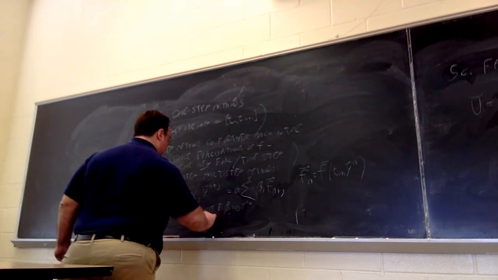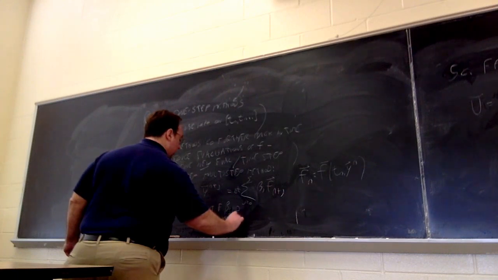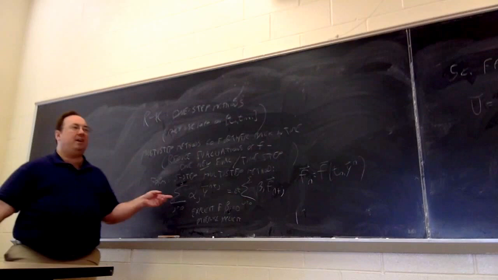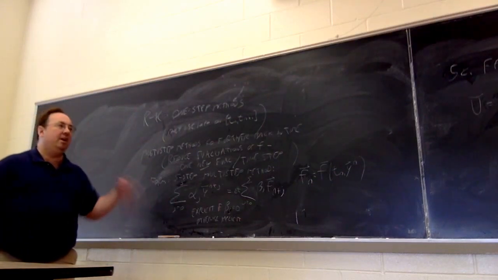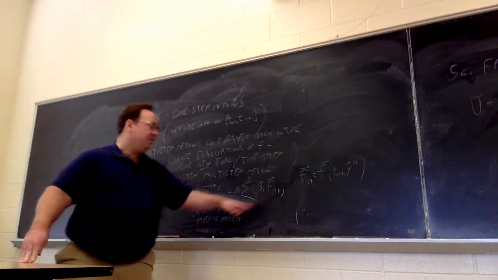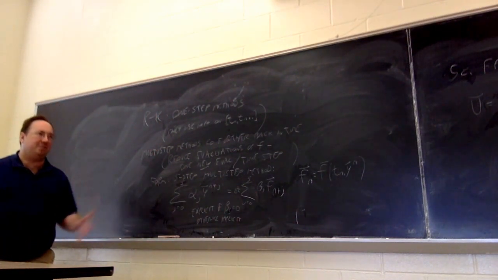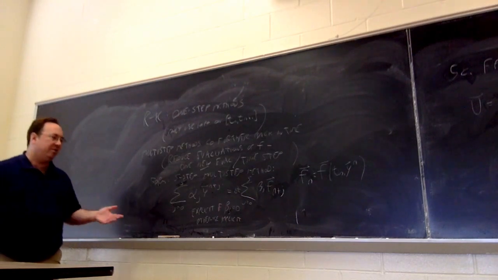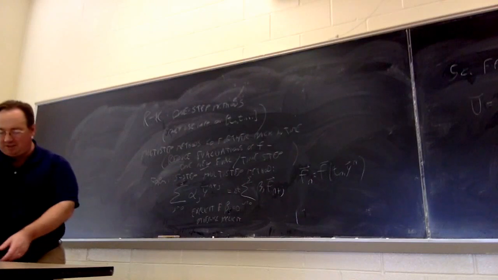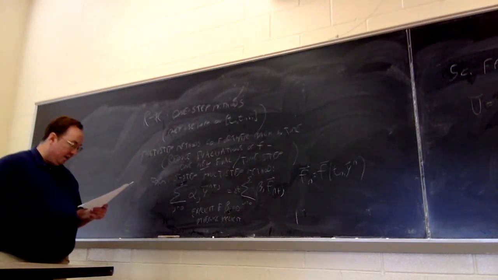Otherwise, it's implicit. Because the largest index, n plus s, is the y value you're trying to solve for in terms of previous y values. So if you have f n plus s in here, that is f evaluated at the y value you're trying to compute. So that causes a nonlinear equation. So just the coefficients alone can tell you if the method is explicit or implicit.